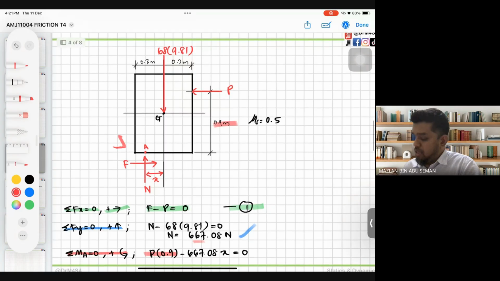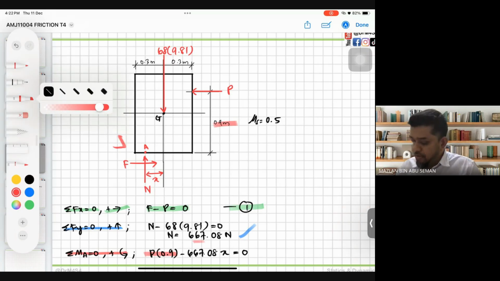Okay, I made a mistake. Where's my calculator? 68 times 9.81. Okay, this is right. You can see here because this value is about the same.